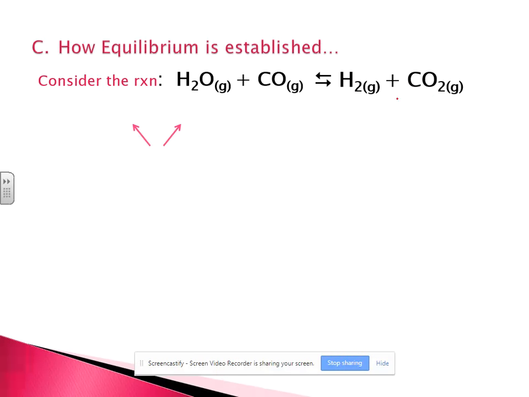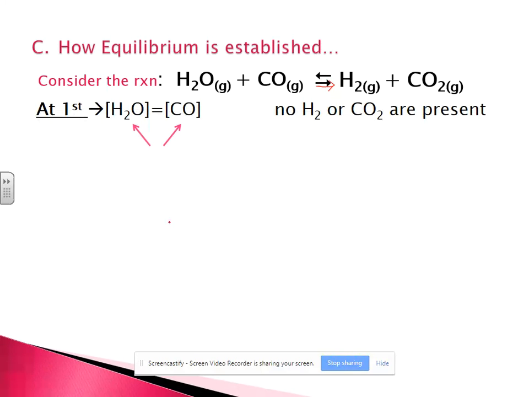Initially the reaction is only going in the forward direction because at first we would know the initial concentration of water vapor and the initial concentration of carbon monoxide. In this case, I'm saying that they're equal because we can control our initial concentrations of our reactants because we would prepare them.